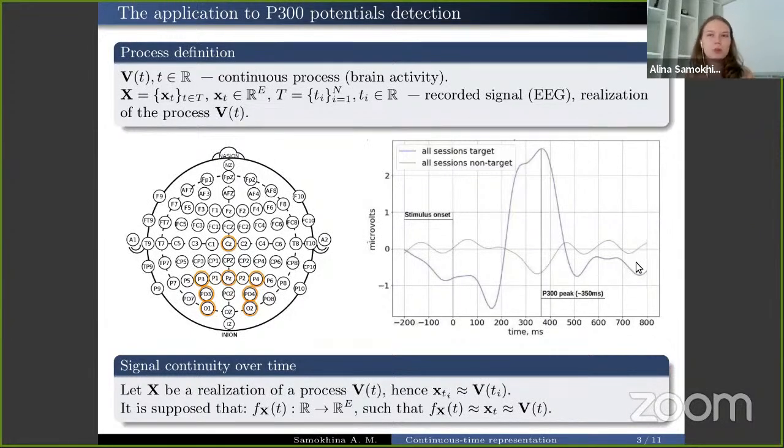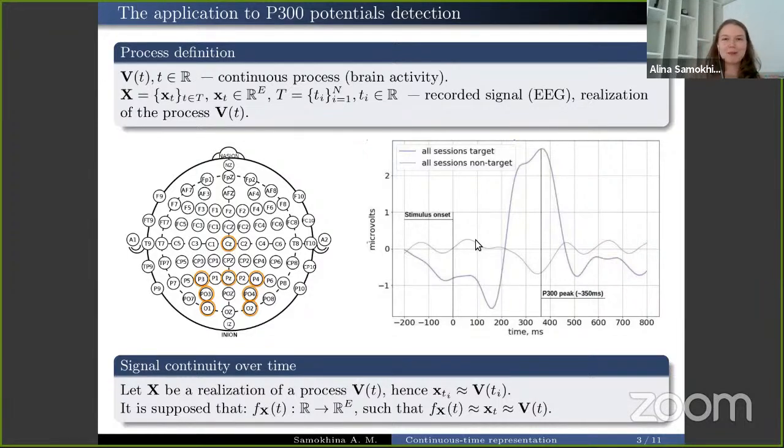For example, if you're looking at some object and this object starts to move or changes its brightness, then on the left picture, in the occipital lobe, we will have a change of brain activity. We will call this a target EEG segment if it has this peak, and if it doesn't have it, it will be a non-target EEG segment.